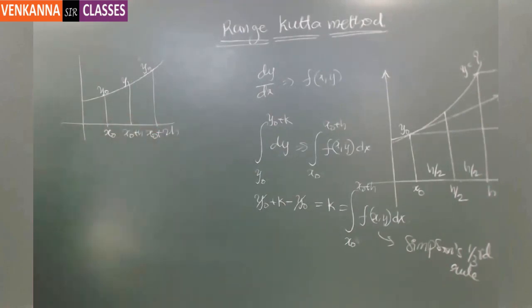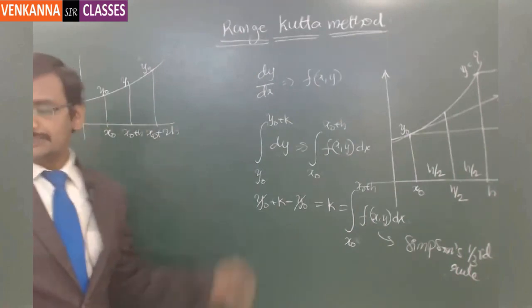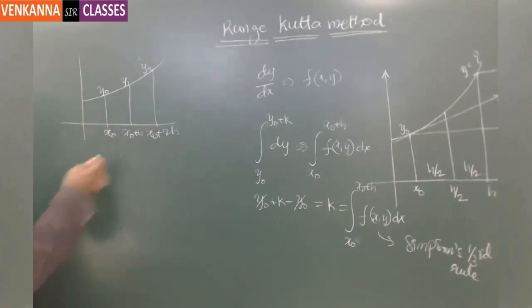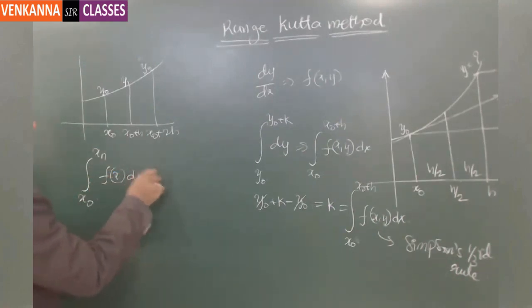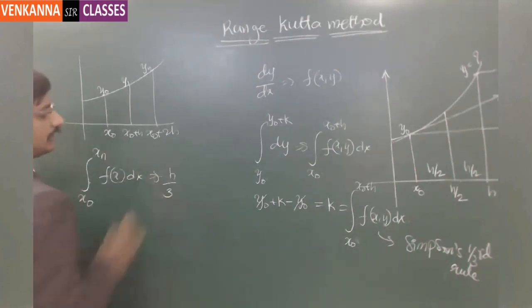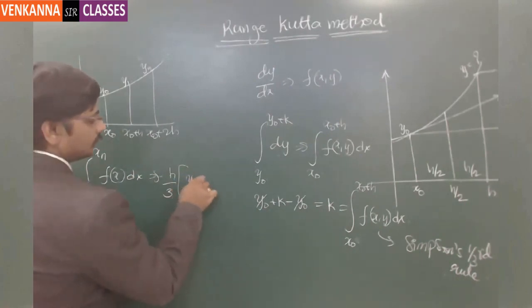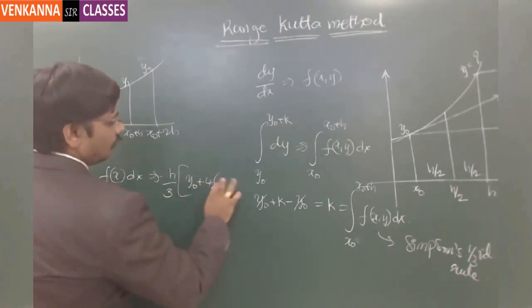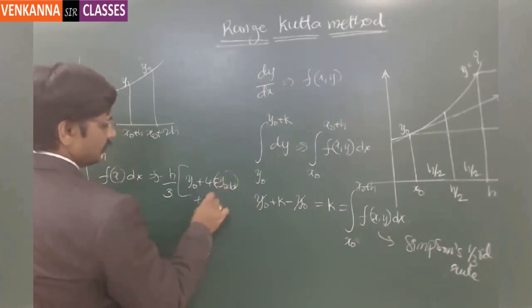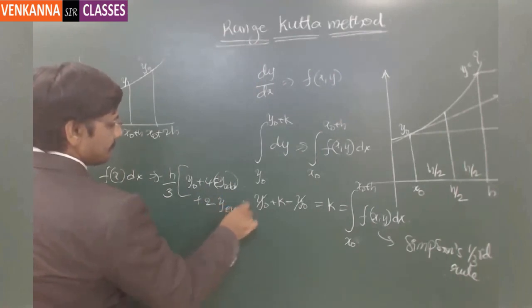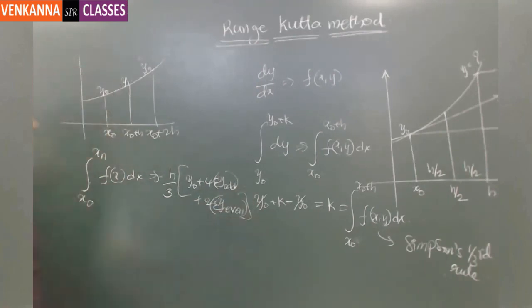When we solve this integration, we take the integral from x0 to xn of f of x dx, and this value is found as h by 3 times y0 plus 4 times the sum of y odd plus 2 times the sum of y even. This is the formula for Simpson's one-third rule.